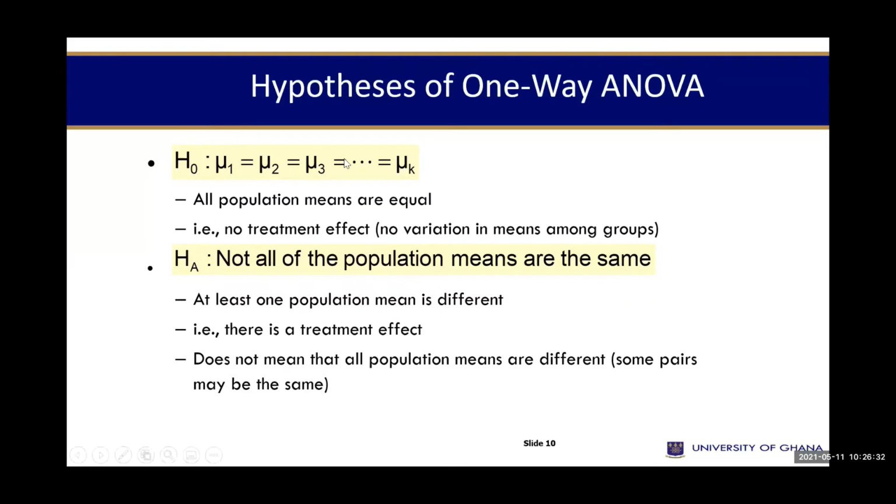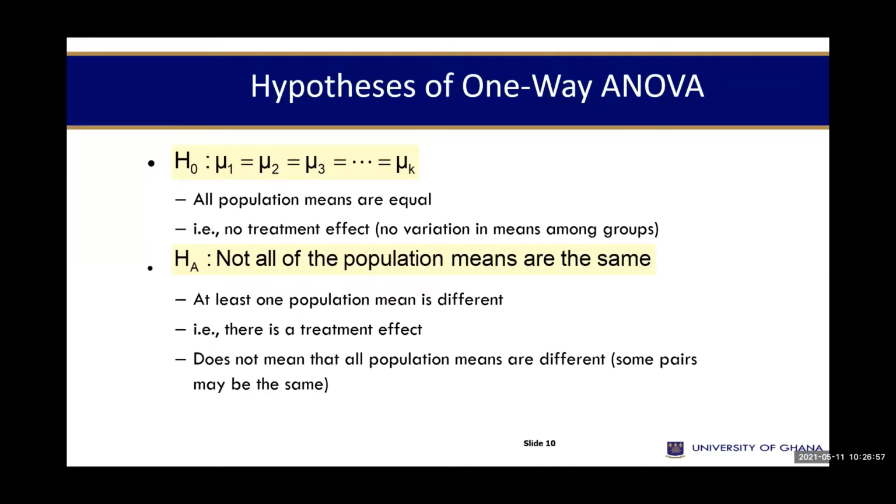Then the alternative indicates that not all the shops in the Accra Mall are giving us the same net profit or the sales volume. Means that at least one of them performs better than the others.